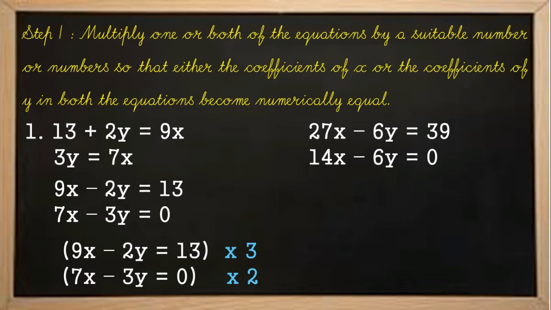So in the first step, by observing the values of coefficients of x and y, we have to decide whether we can equate the coefficient of x or the coefficients of y. We have to decide. Now in this first problem, we have decided that we are going to equate coefficient of y. Hence the first equation is multiplied by 3 and the second equation is multiplied by 2.